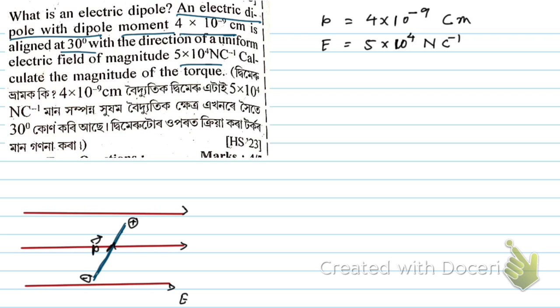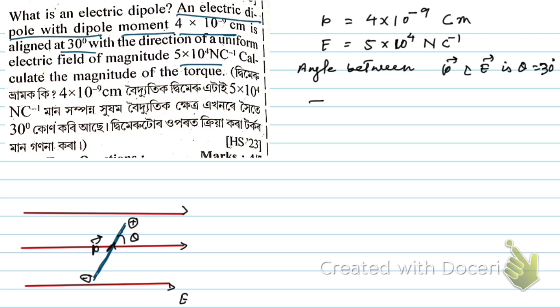And this angle theta is given. That means the angle between P vector and E vector is equal to 30 degree.